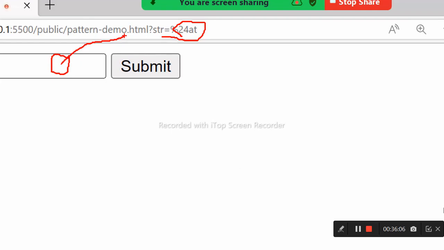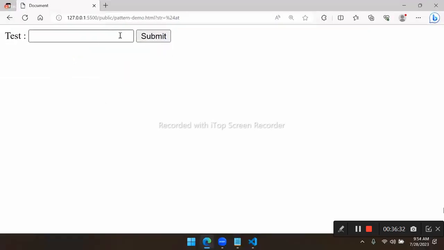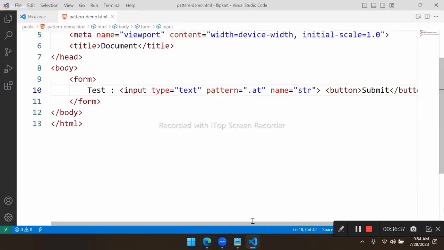You don't need to worry, because while reading, it will read in the same way, right? URL will not allow several characters, like spaces or dollars. In that case, it will convert them into some codes. You don't need to worry about what is submitted. You need to just worry about what is validated. That's important, right? This is the pattern, how you configured the pattern.